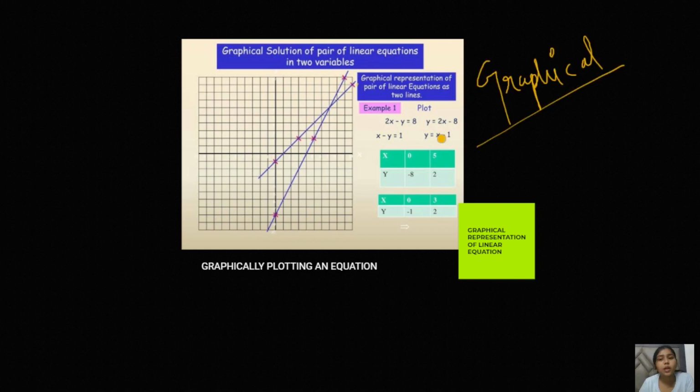It means how we can plot a linear equation and its solutions graphically, right? In the previous slide we learned about finding the solution. We'll do the same thing here, but the other thing we have to do is plot these particular points on the graph. So don't worry, I'll tell you.